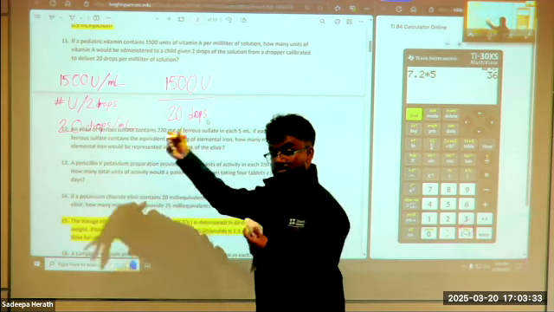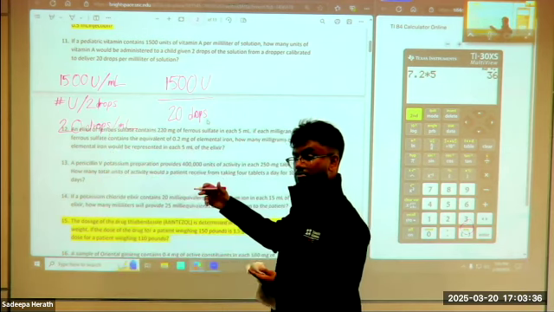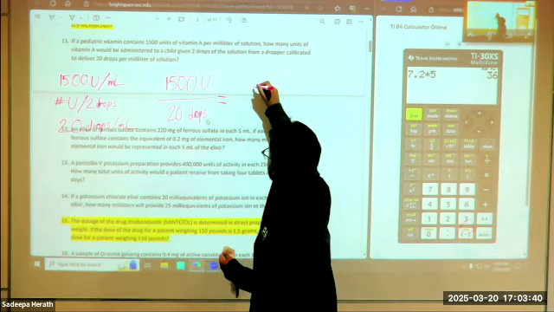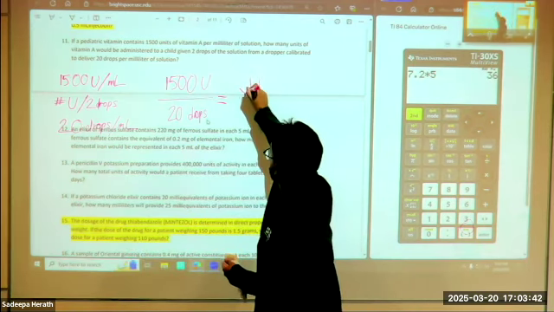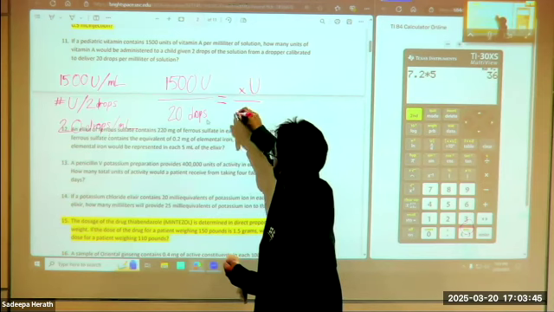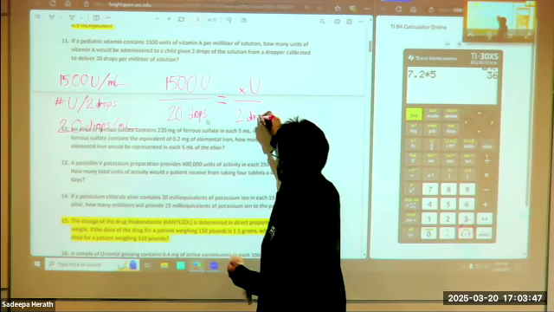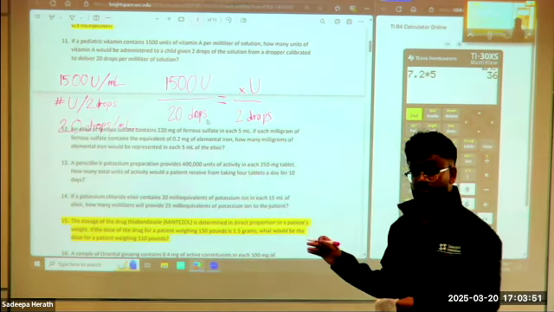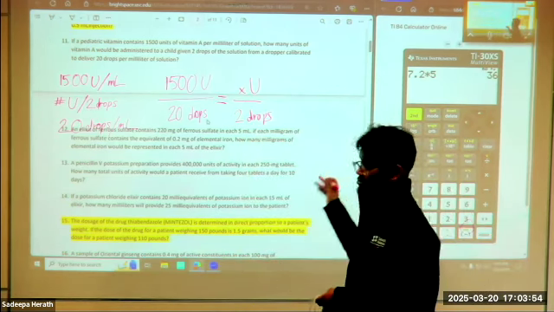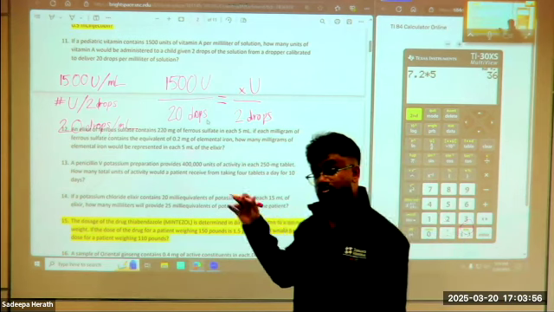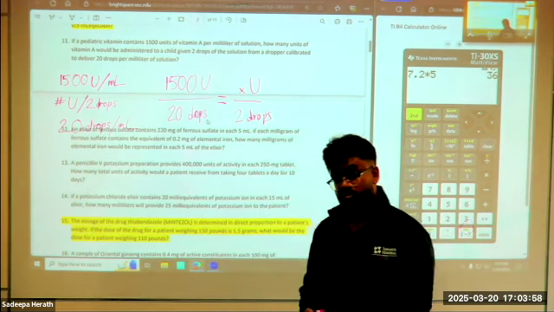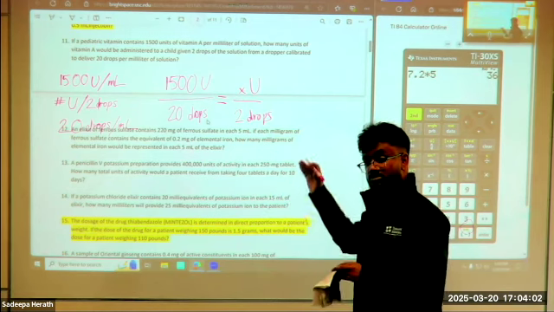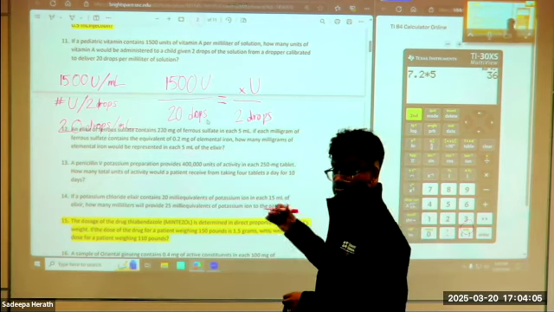So we can find how many units for 2 drops by solving this proportion. What do we know? We know 1500 units per 20 drops, and we know there are 2 drops given. What we don't know is the number of units for those 2 drops. But because of these ratios, we're able to find out.